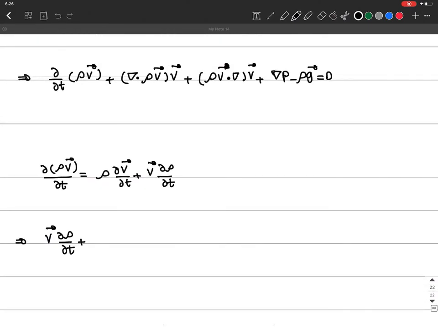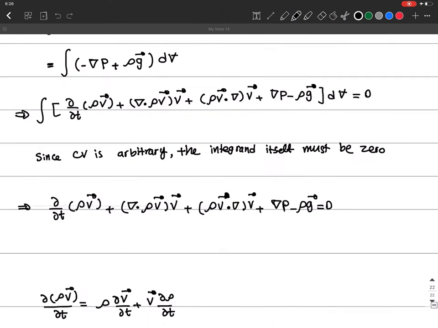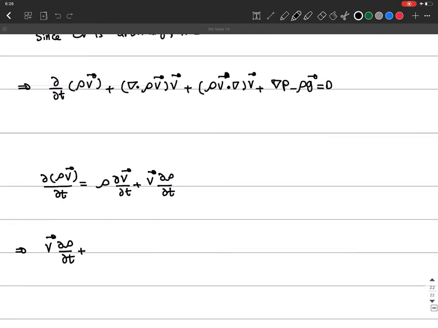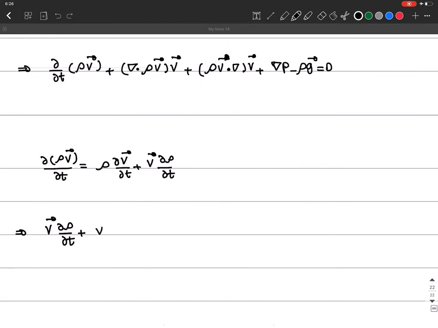For this term, this is a scalar which is multiplied by a vector. So I can just take the vector here and write the scalar on the right side of that. So it's going to be v grad dot rho v, plus, and then we have this term. So the first term was this.